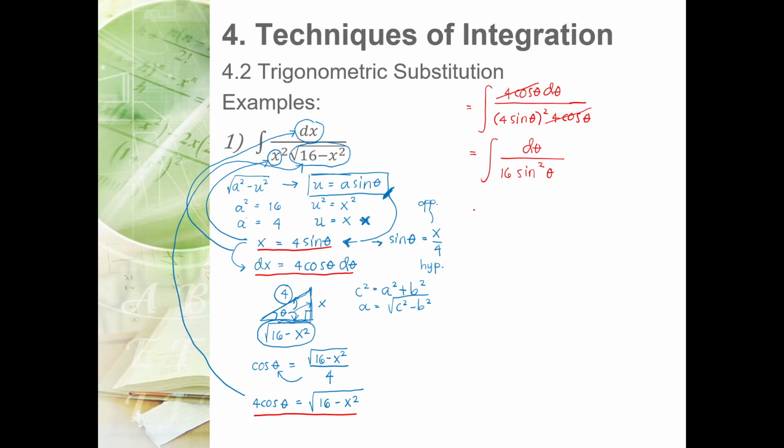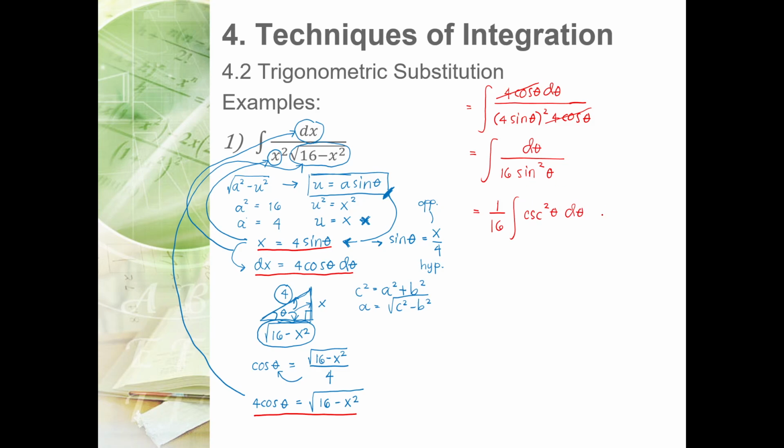Alright, if we try to simplify further, let's get the constant outside the equation. That will be 1 over 16, and your 1 over sine squared theta can be represented as cosecant squared theta d theta.